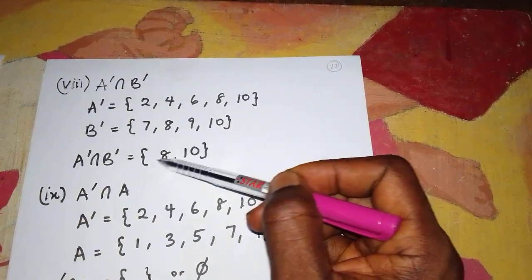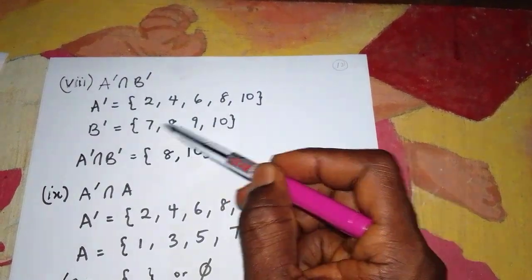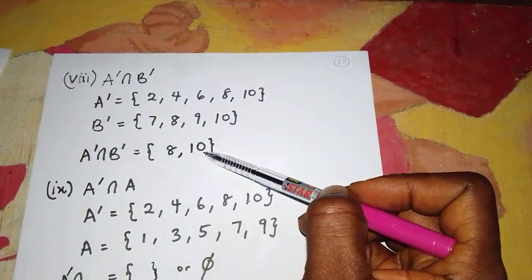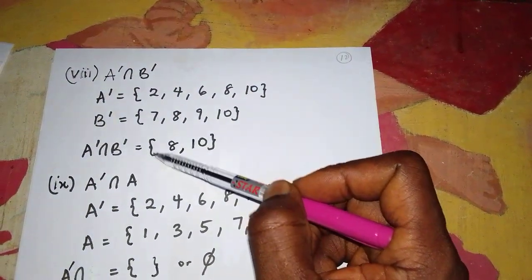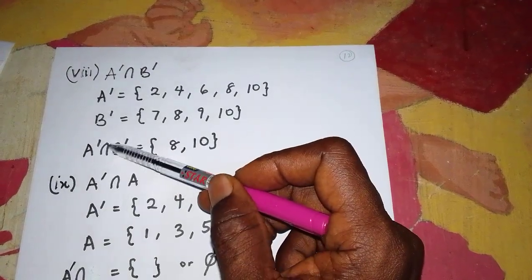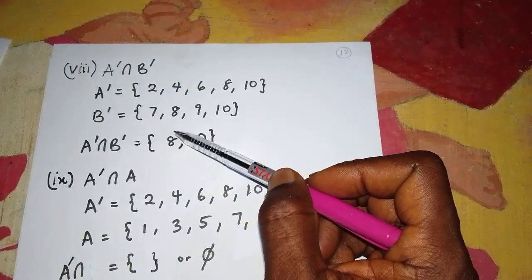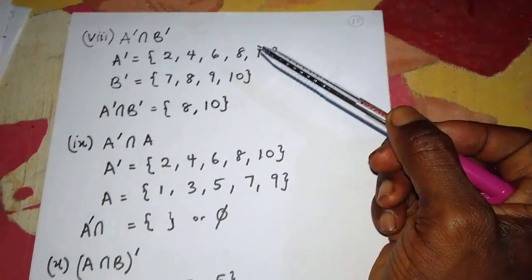So the two elements that are common to these two sets are 8 and 10. So A complement intersection B complement will now be 8 and 10.